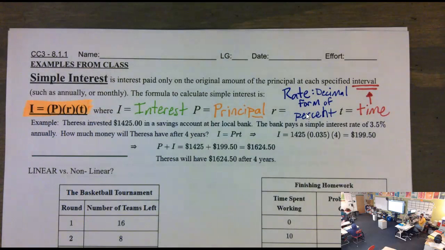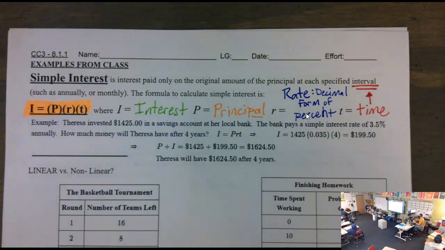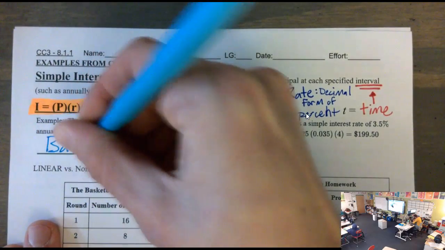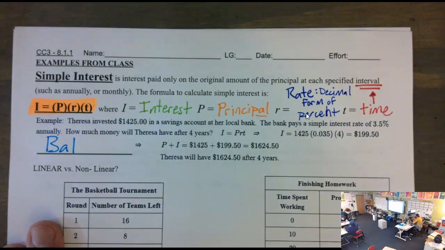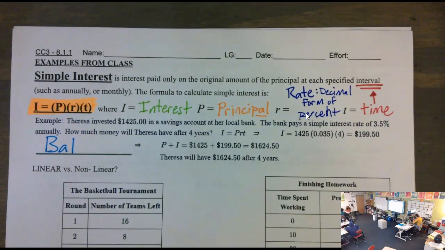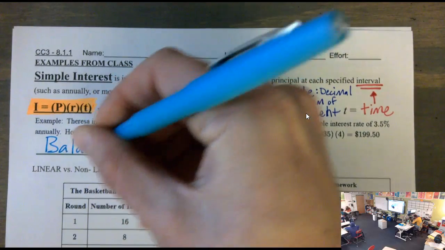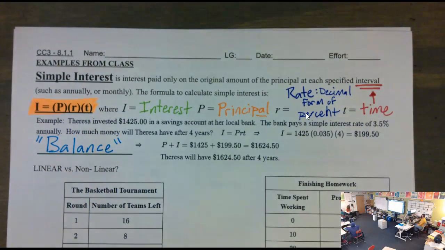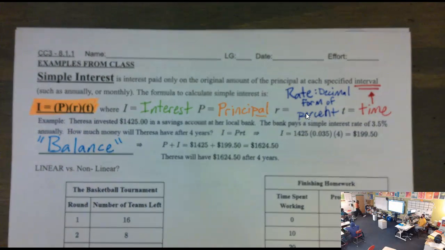The sum? Close. Starts with a B. It is the balance. Is it A-N-C-E, E-N-C-E? So balance is the word that we use financially to mean what do you have at the end.